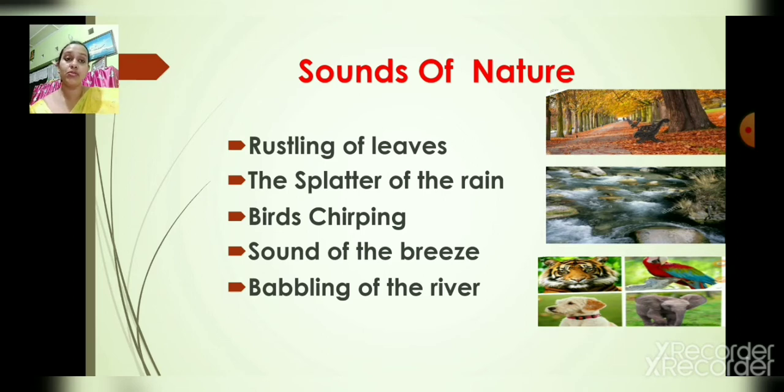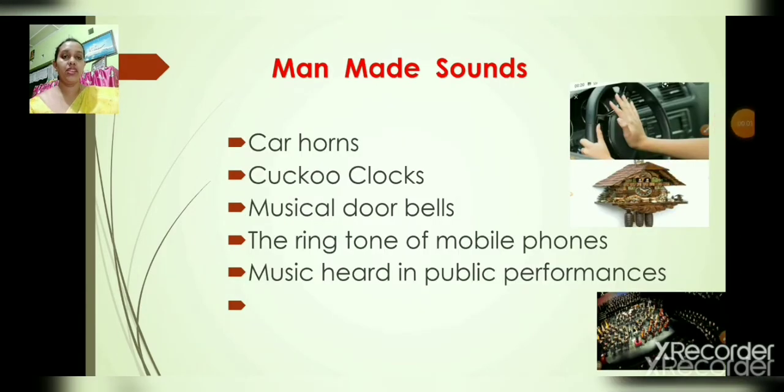Now let us move on to the next slide. Man-made sounds. I have given you some examples for man-made sounds. Now listen to this audio. This is car horns. Yes, car horns. Next one, cuckoo clocks. Listen to the audio, cuckoo clocks.